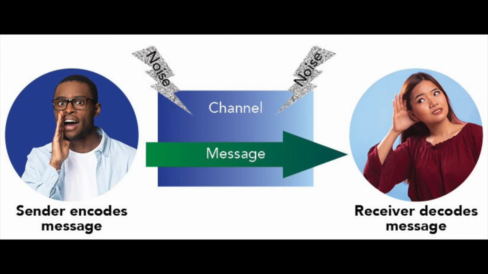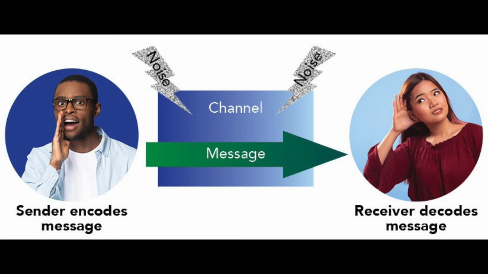Now let's take a look at receiver. The receiver is the person to whom the message is sent. When the message is sent through the channel, the receiver must decode the signal and convert it into meaning. For example, when the sender says, "I love you" on a telephone call, the telephone signal is converted back into sound waves, and the sound of the words is decoded into the meaning by the receiver's brain.